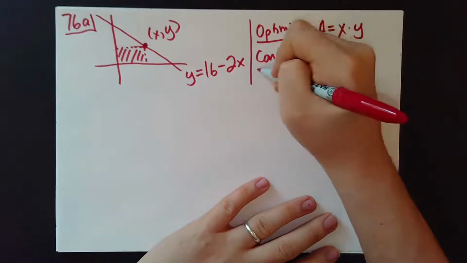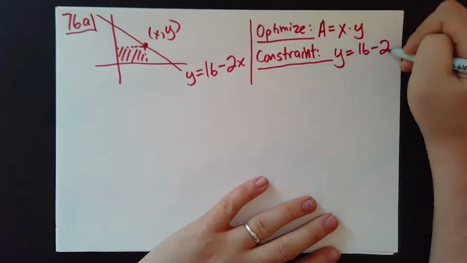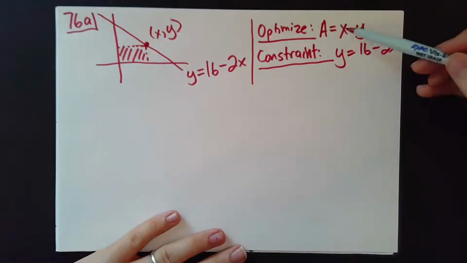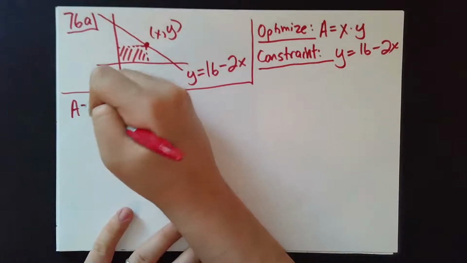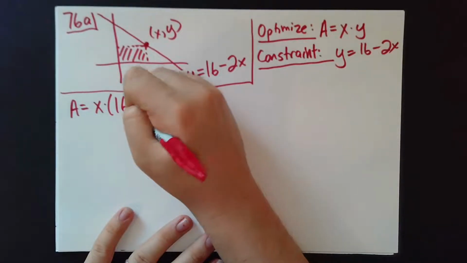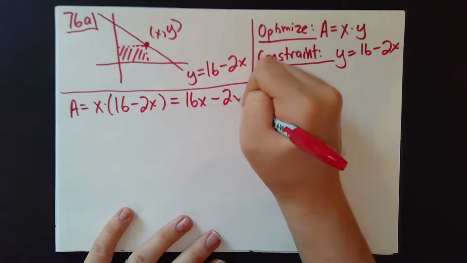So my constraint here is that y equals 16 minus 2x. So this is already solved for y, so I can substitute that in. And so I will get area equals x times 16 minus 2x equals 16x minus 2x squared.